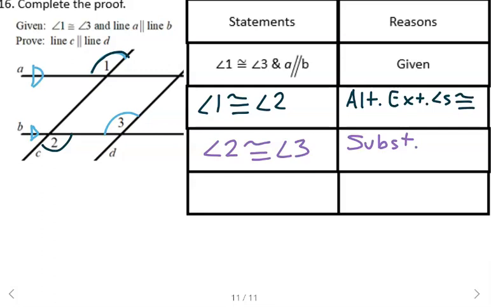We're replacing angle 1 with angle 2 since they're congruent. Now, once we get to where we say angle 2 is congruent to angle 3, those are alternate interior for lines C and D. And so we can say C is parallel to D because alternate interior angles are congruent.